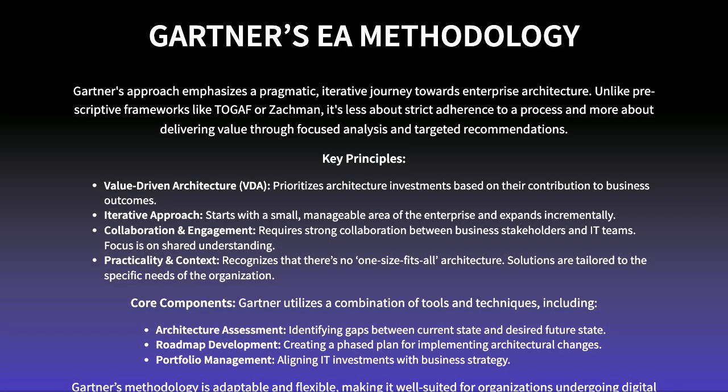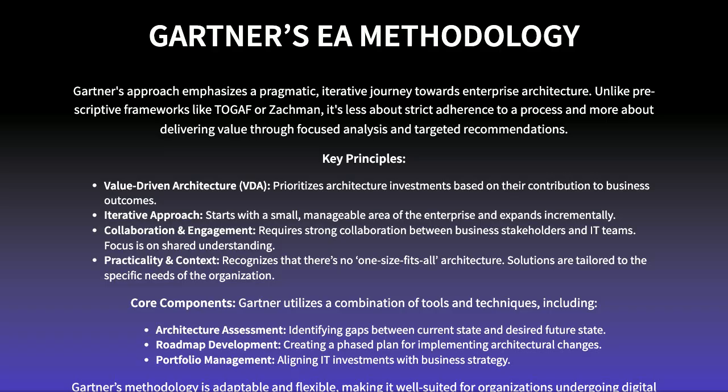Okay, let's talk about Gartner's enterprise architecture approach. It's really quite different from some of the more structured frameworks like TOGAF or Zachman. Instead of a rigid process, Gartner focuses on delivering real business value. Their core idea is value-driven architecture, basically figuring out which architectural investments will have the biggest impact for your company. They take an iterative approach, starting small and expanding as you go.